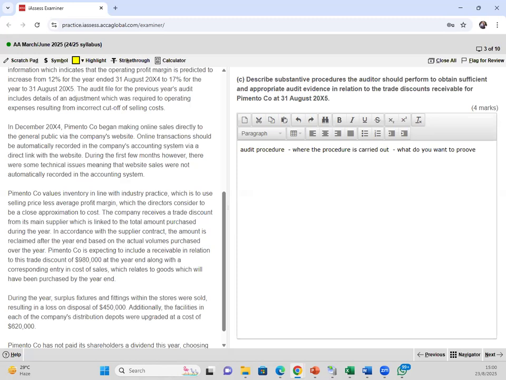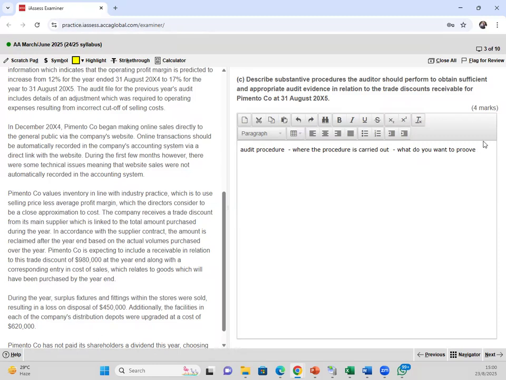We try to digest the statement again. The first thing we can talk about here: if there is a policy for a discount, we need to confirm that this one indeed exists.